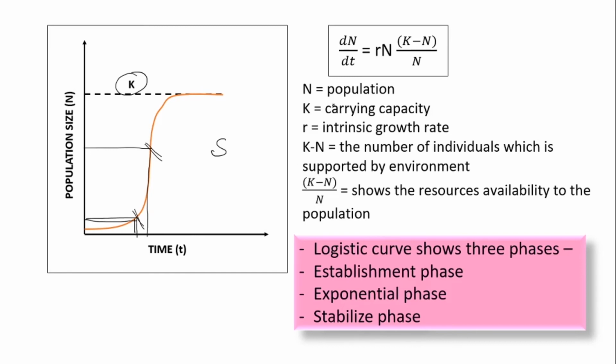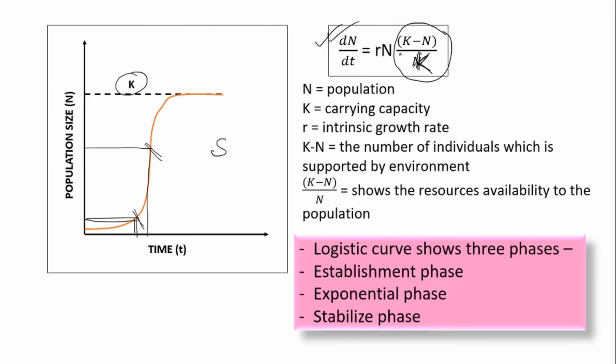The logistic growth curve shows this equation: dN/dt equals rN into (K minus N) by K. Here K is the carrying capacity, and this new term is introduced if we suppose that it is an exponential growth pattern.